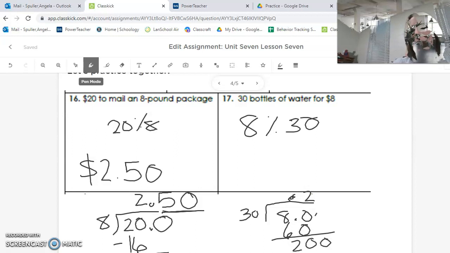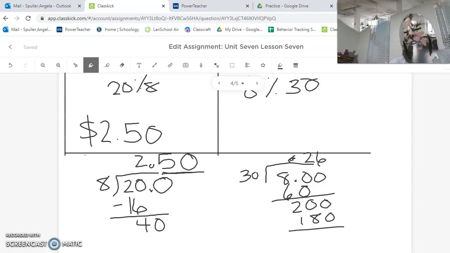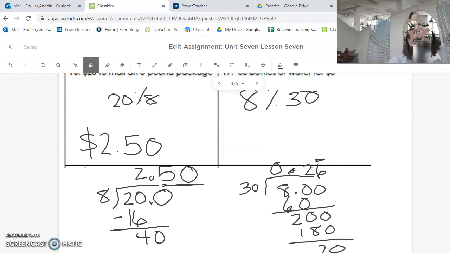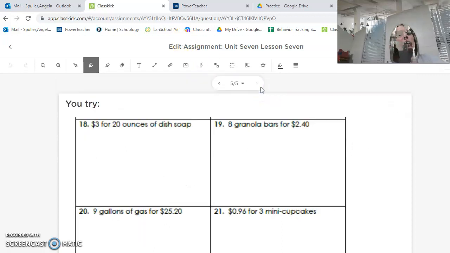Bring down another hidden 0. 30 goes in there 6 times. 6 times 30 is 180. And notice we're going to have the same thing. So it's about 26 cents. So one bottle costs 0.26 something.